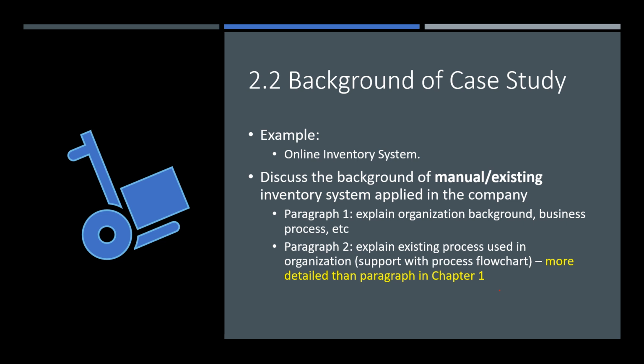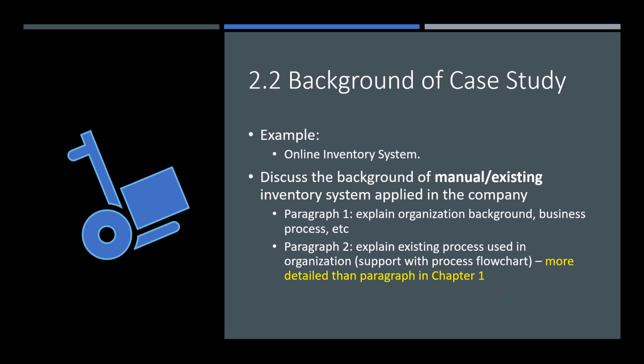But here in chapter 2, you need to provide more detailed information on the case study itself, and also how they manage their data, and how they manage the business operation related to the project you propose.